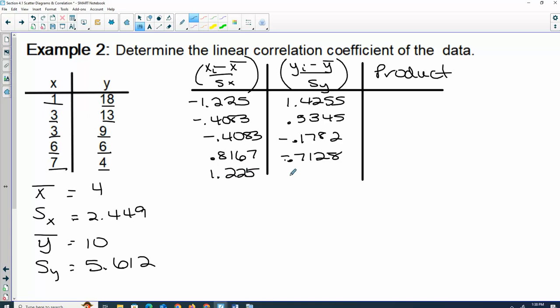Okay. Abram? -0.2872. Are you sure? That's what I got. So if we did 4 minus 10 divided by... Oh, that's why. Wrong one. Alright, let me try it again.